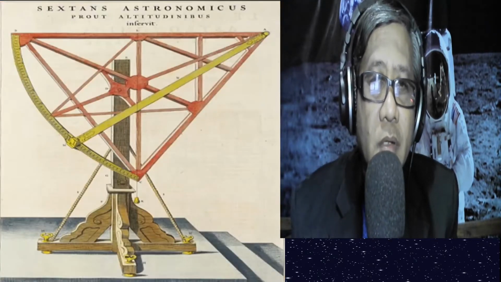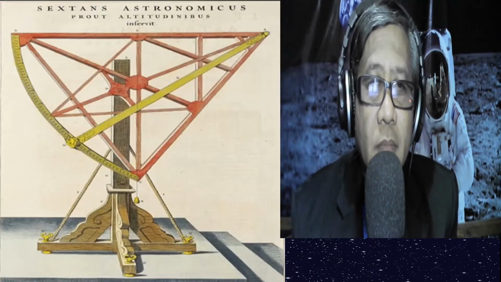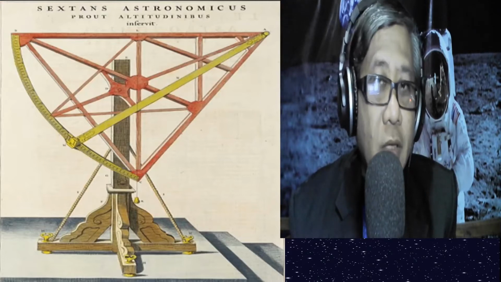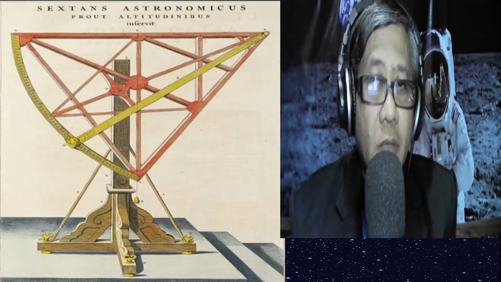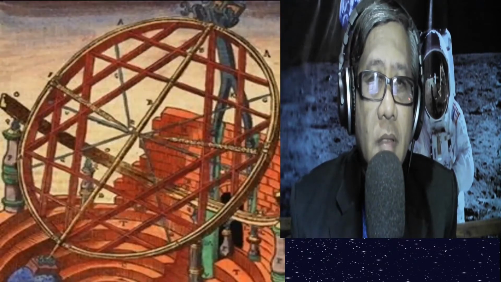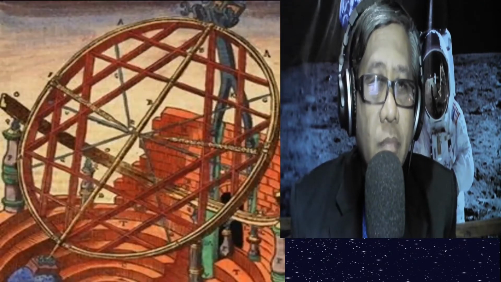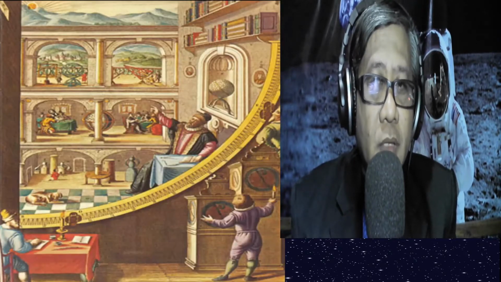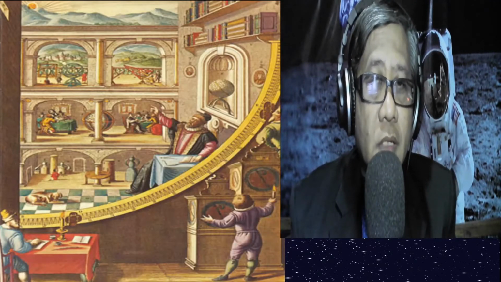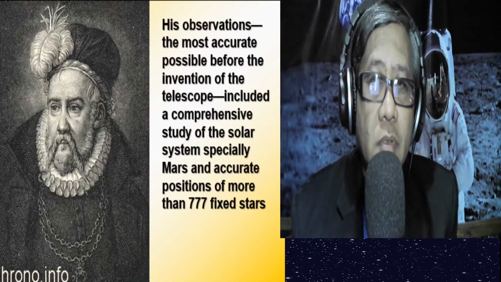Alright, so here is again the quadrant that was used to measure the angular distances of stars, much like the sextant of today. Tycho Brahe was really famous for these huge astronomical instruments that would aid with his naked eye observations.